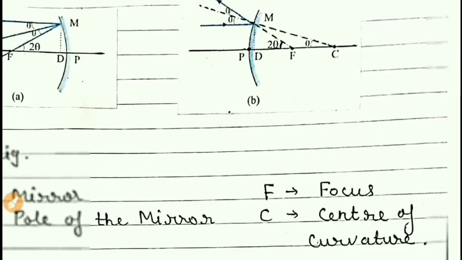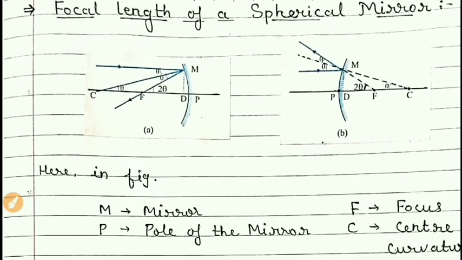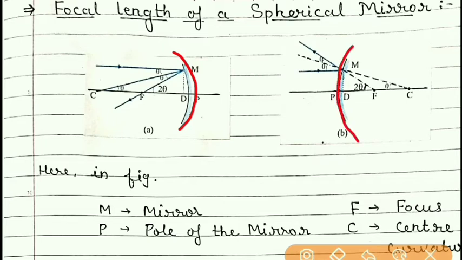F is always half of R. So now we are going to show why F is equal to R by 2. Students, here a concave mirror as well as a convex mirror is shown. For both the mirrors, this formula is applicable. That is, F is R by 2.